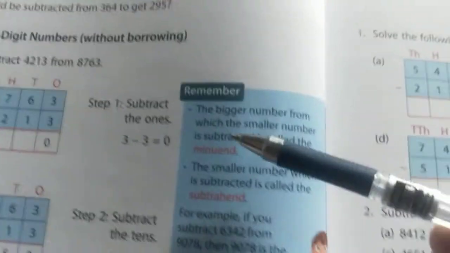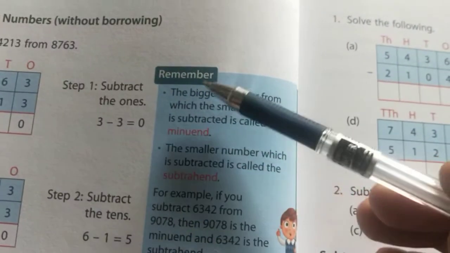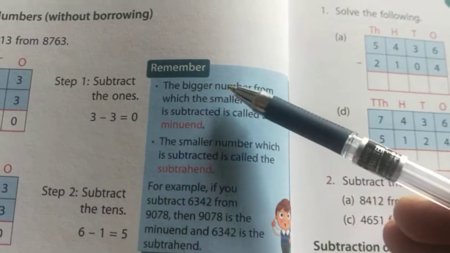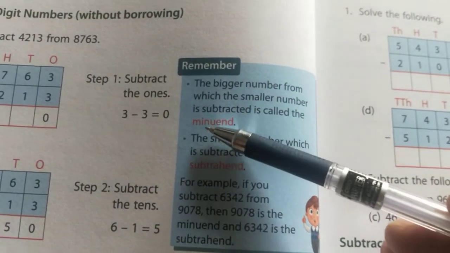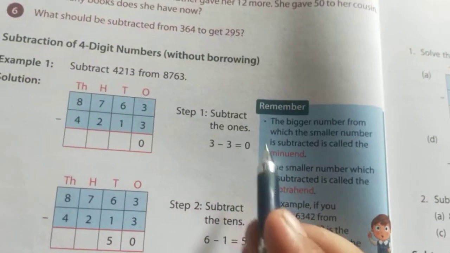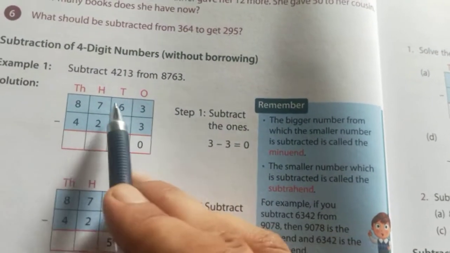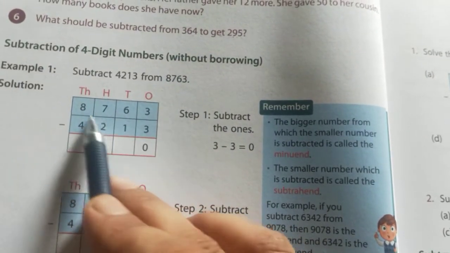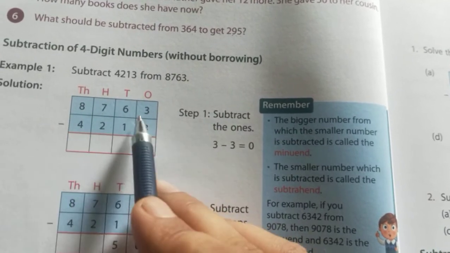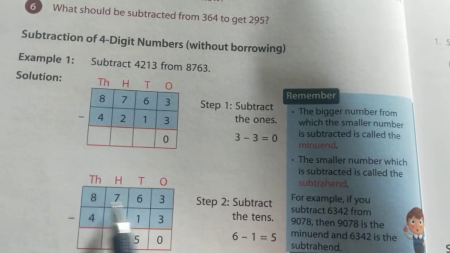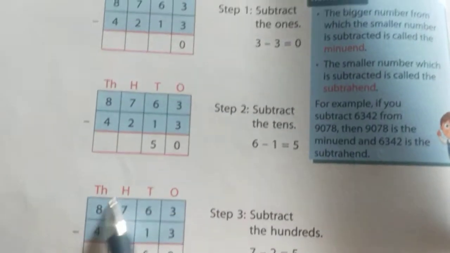And one more thing you have to learn over here is, remember, the bigger number from which the smaller number is subtracted is called the minuend. Here, this number from which the smaller number is subtracted is the bigger number. Always the number at the top is the bigger number.